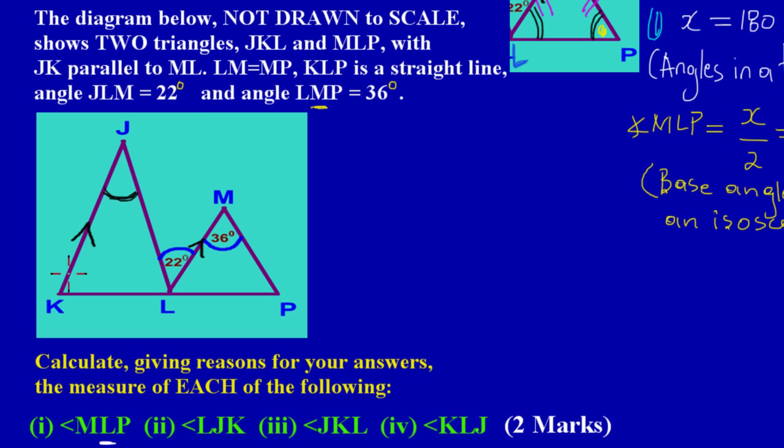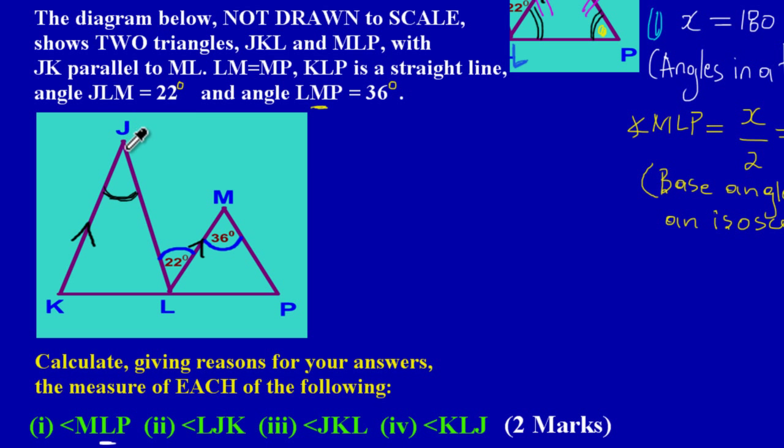Now if you notice, they had stated earlier that the line segment JK and the line segment LM are parallel, meaning that they are the same distance apart from each other anywhere along the lines you measure. All right, my friends.